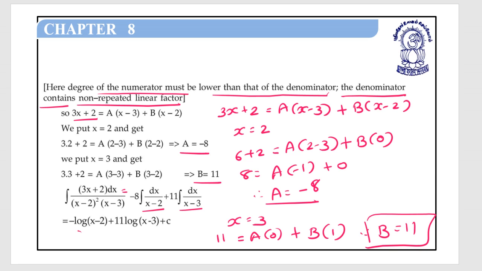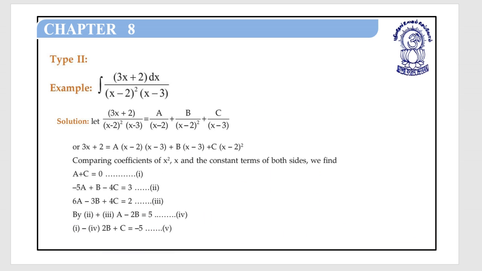So it becomes minus 8 log (x minus 2) plus 11 log (x minus 3) plus c. Okay, this is the answer.